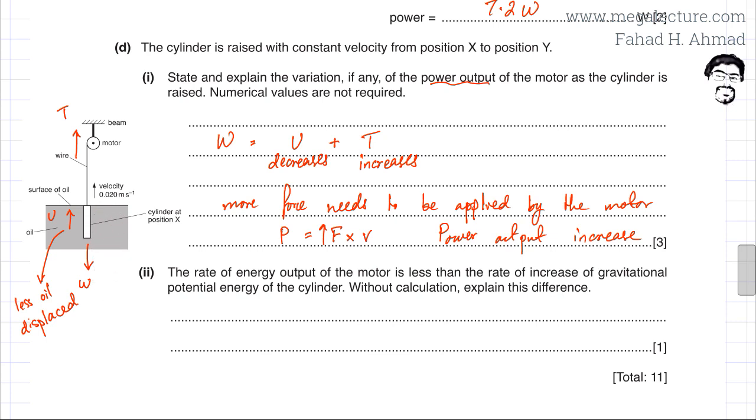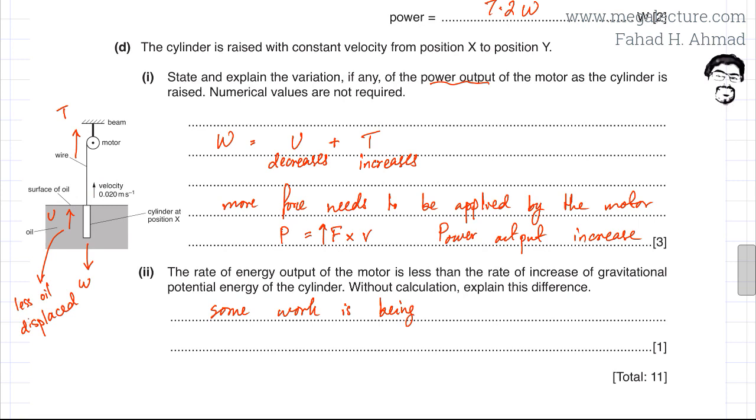But remember, work is being done by the motor, but it's also being done by the upthrust. Some work is being done by the upthrust, because in lifting the object, the upthrust is also contributing. It's also lifting the object. So the motor is pulling the object, but the upthrust is also adding some work to it.